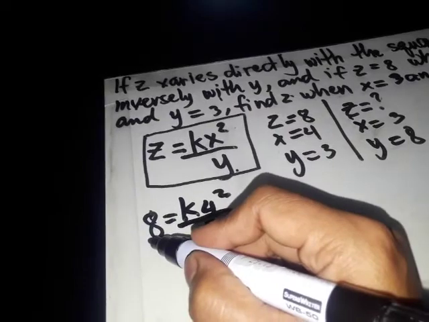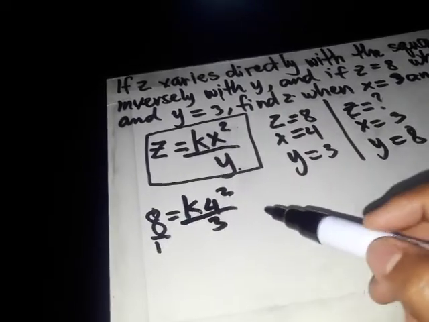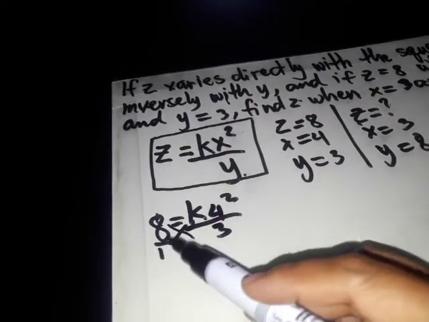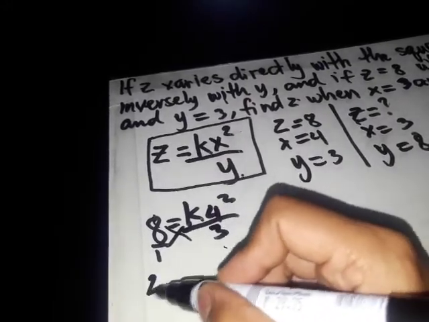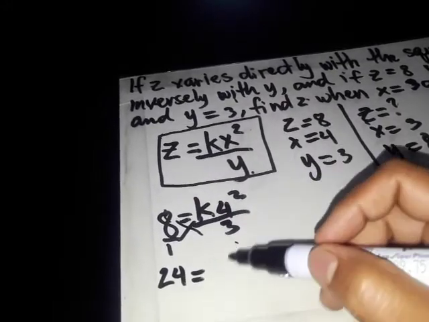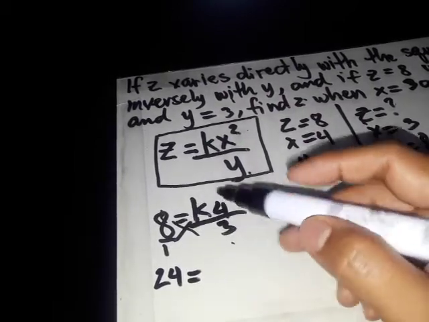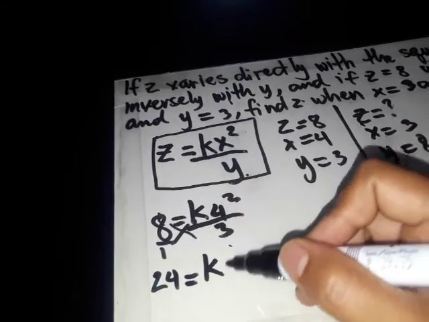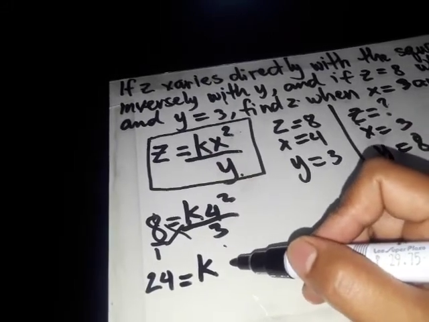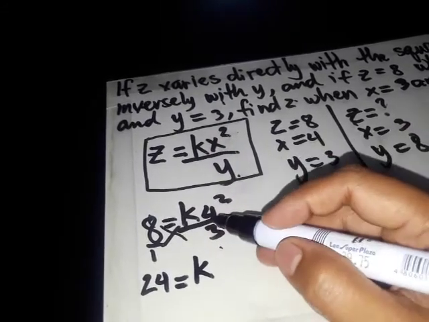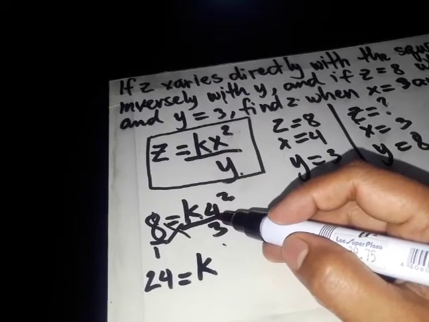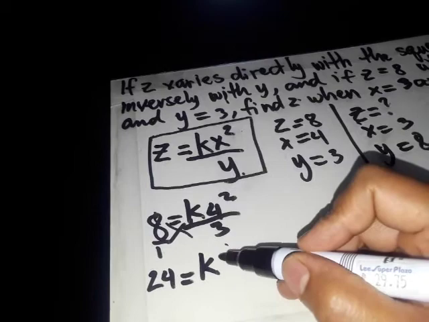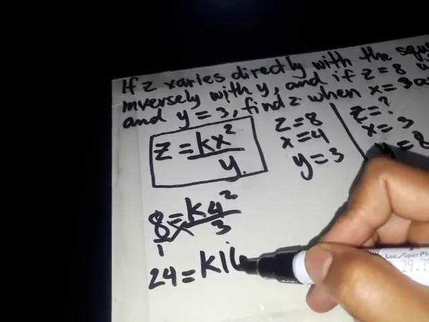Next, this is whole number so over 1. Ngayon, ang gagamitin natin ay cross product. So, 8 times 3 is equal to 24. Then, 1 times k 4 squared is equal to k 4 squared is 16. How? If we say 4 squared, you're going to multiply 4 by itself. Okay? Twice. So, 4 times 4 is equal to 16.